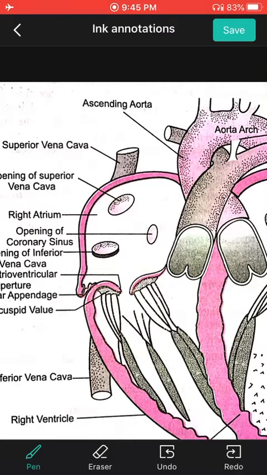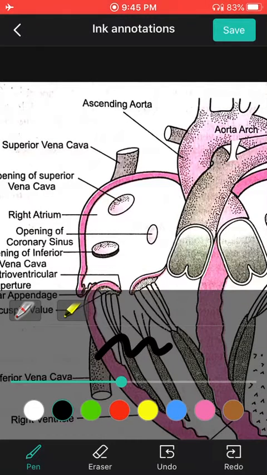First is the superior vena cava, which you can see easily.